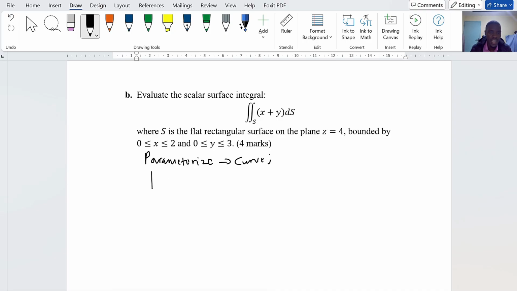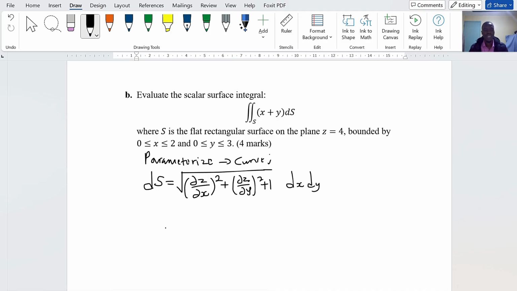The first thing, ds, we already know, is simply the square root of dz over dx squared plus dz over dy squared plus 1, and then dx dy. Good. That is our ds. We have derived that because we need to replace this ds.